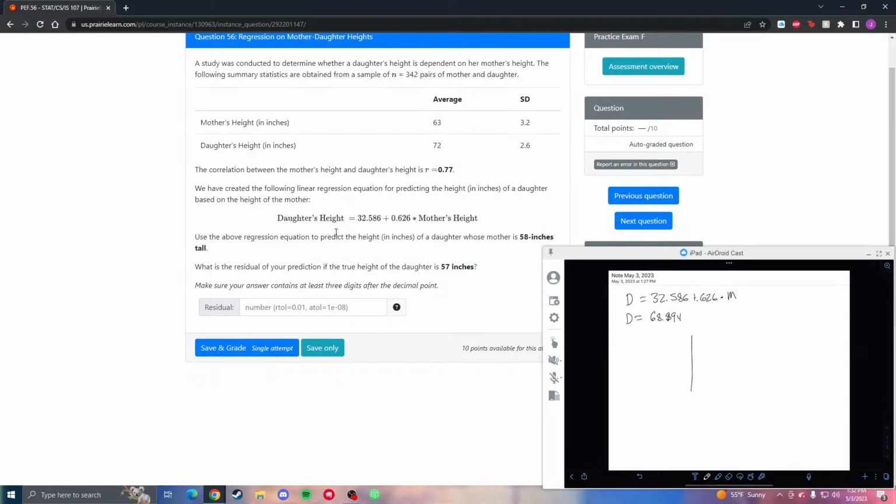If you had a graph and this was your prediction line, here's what we expect, and here would be the actual. So it's going to be 67 minus 68.894. So we get minus 1.894.